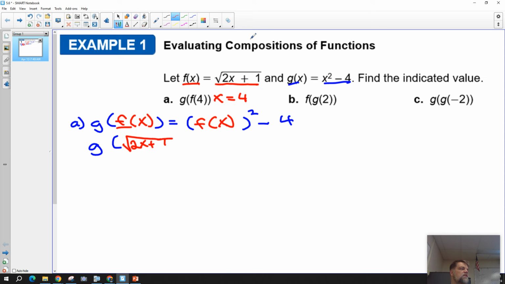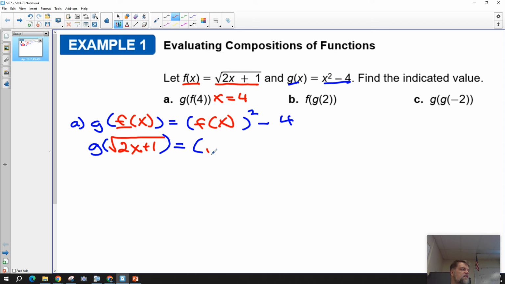Oh, that is just bad penmanship. I can do better. So this is the square root of 2x plus 1. And then this over here, I'm basically going to do the same thing.